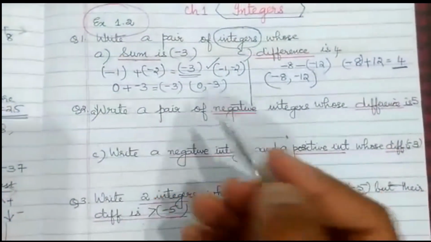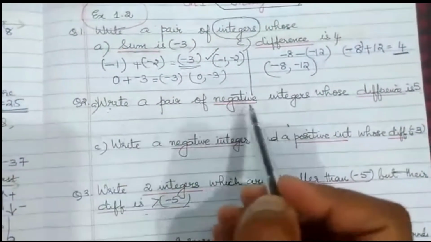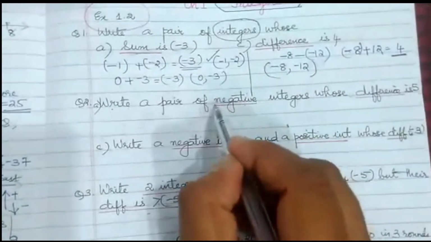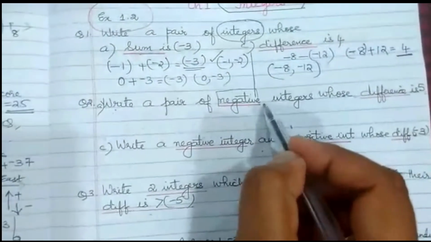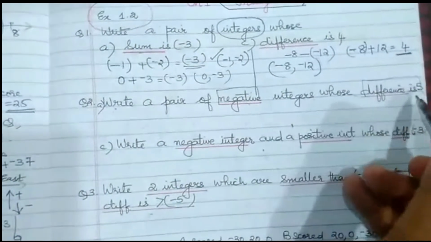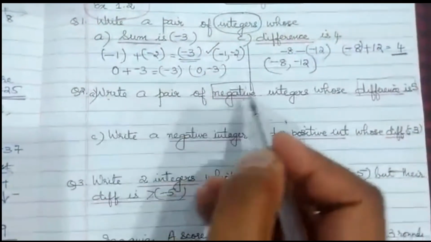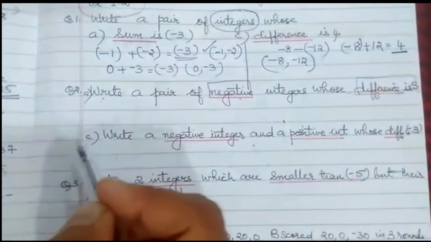This is the pair. Now next, write a pair of negative integers whose difference is minus 5. That means both should be negative integers and the difference should be minus 5. So we have to find two negative integers.